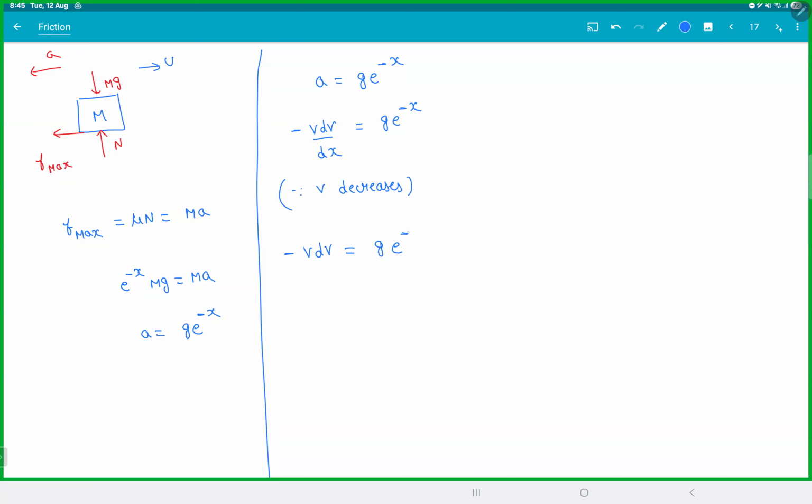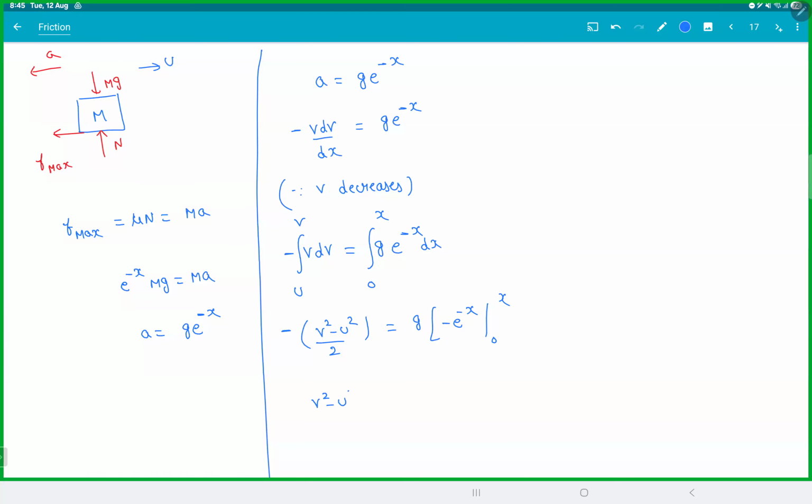It just becomes a calculus problem. Integral on both sides. Your initial speed is u. And finally, your speed becomes, let's make it a v, and this goes from 0 to x. This will be v square minus u square by 2. This will be g into minus e power minus x. Limits will go from 0 to x.